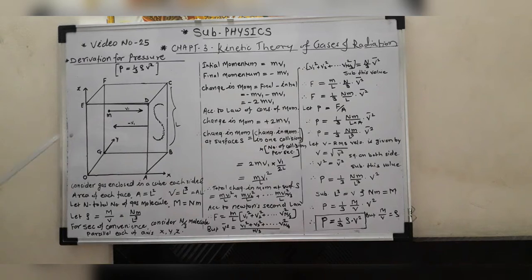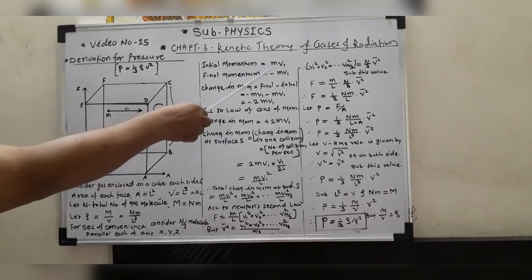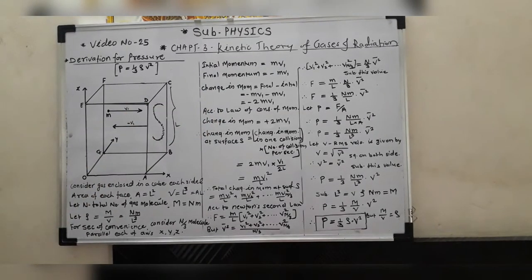We have to consider the single gas molecule having the mass m and the velocity v1, and this gas molecule collides on the surface S. Then its initial momentum, with mass m and velocity v1, is nothing but m v1. But when this gas molecule collides on the surface S, it rebounds from the surface S and again moves with the same velocity but in the opposite direction.